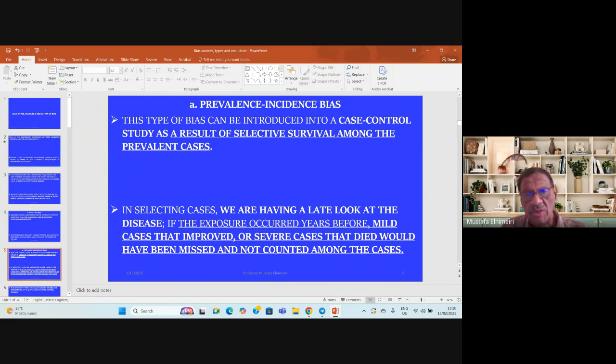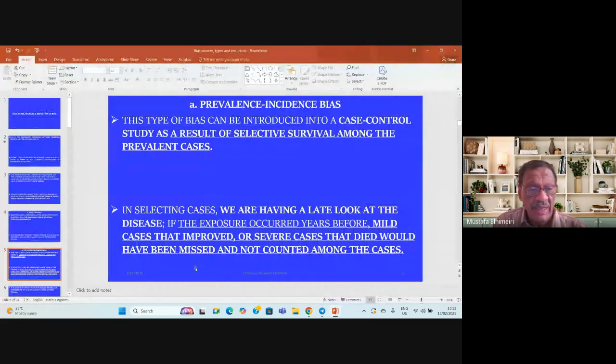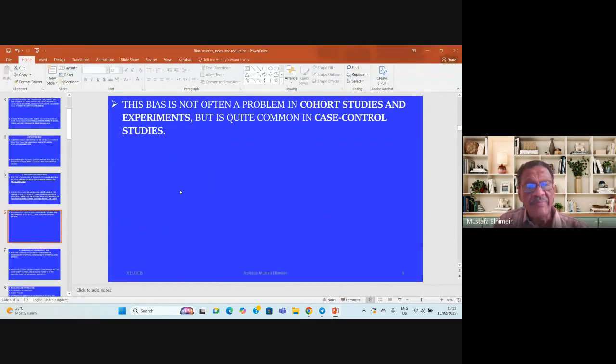This results in what we call the prevalence incidence bias, because in this case, we are going to enroll cases from those who survive, and then we miss the mild cases that improved, as well as the severe cases who died. And this is a very important source of bias in case control study design.